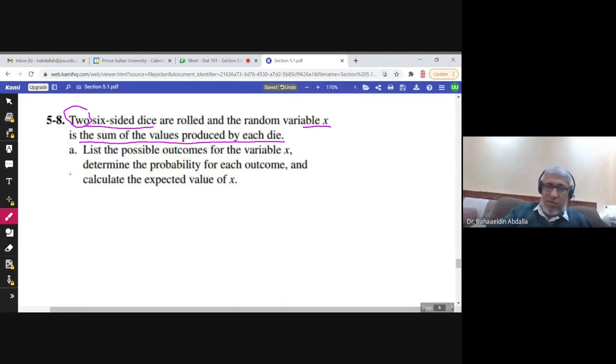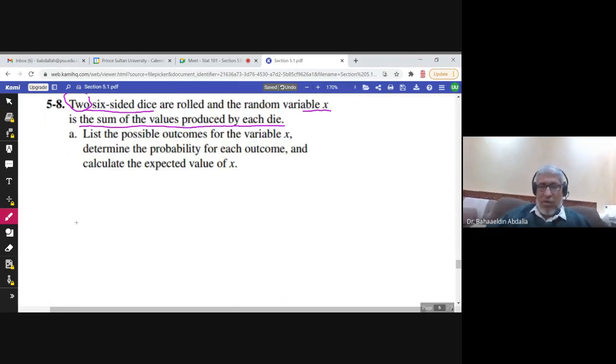You have 2 dice, so you can say that the first die will give you 1, 2, 3, 4, 5, 6. These are the possibilities of the first die, and the possibilities of the second die is this. Okay, this is the experiment.